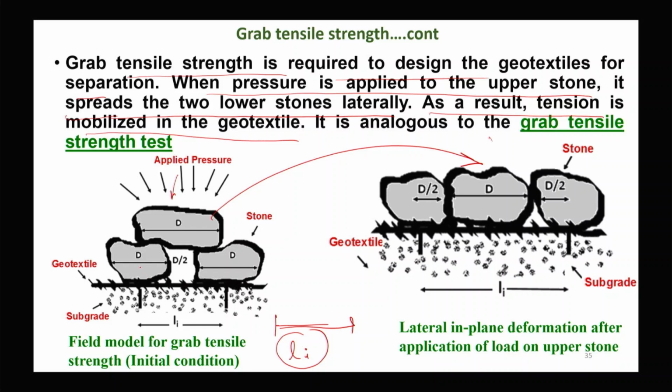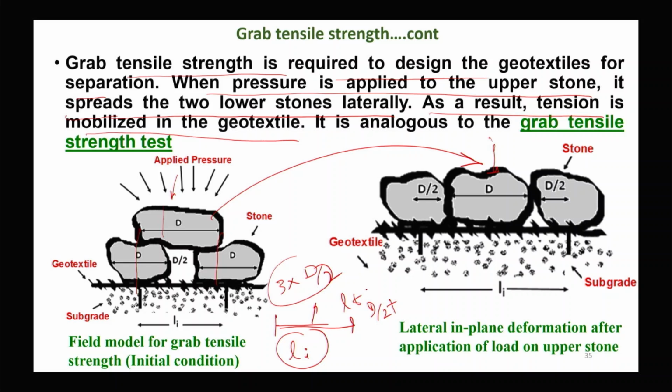Assuming that half is connected, this is d by 2, and so 3 multiplied by d by 2 is the initial length. After the penetration, the length will be d by 2.